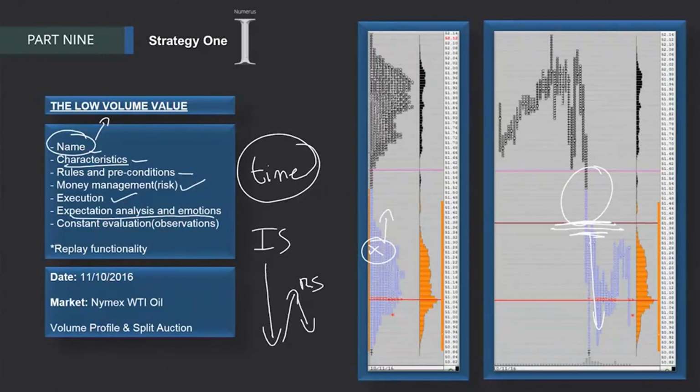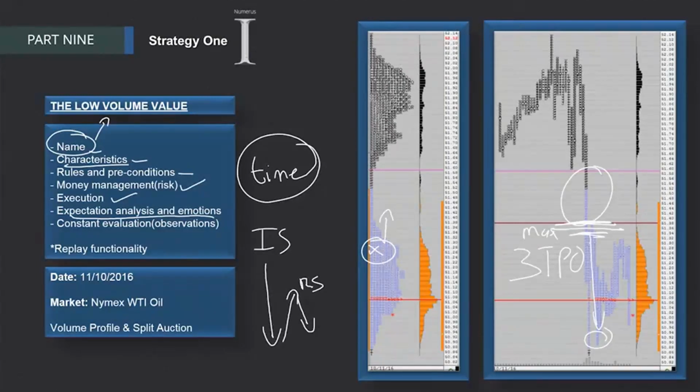So if we expect strong responsive selling on the first pullback, by the token of time, it shouldn't take that long. So allocate an amount of time. In this instance, I would say a maximum of 3 TPOs in order to complete the distribution move. If it takes more than 3 TPOs, then we exit, because the expectation has not been met.